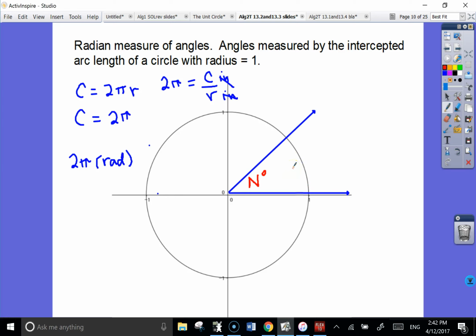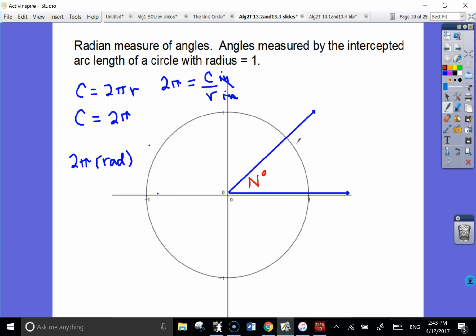Now, if I was to go all the way around the circle, we know in degrees that would be 360 degrees. Okay. In order to know radian measure, since radian measure is a piece of the distance going around the outside, then it's going to be some fraction of the circumference.